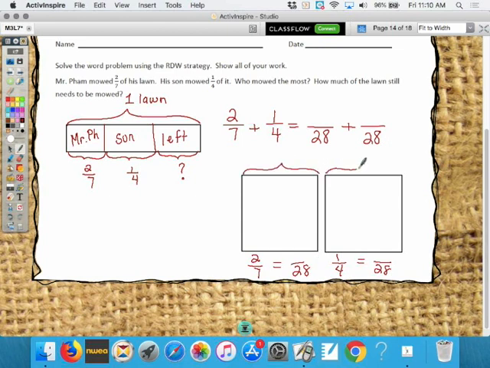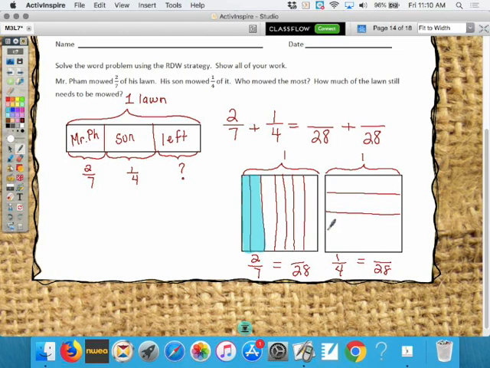And this was all the way back on lesson 3. Okay, so what's my first denominator? 7. So I need 6 lines. And how many are shaded? 2. And my second denominator? 4.